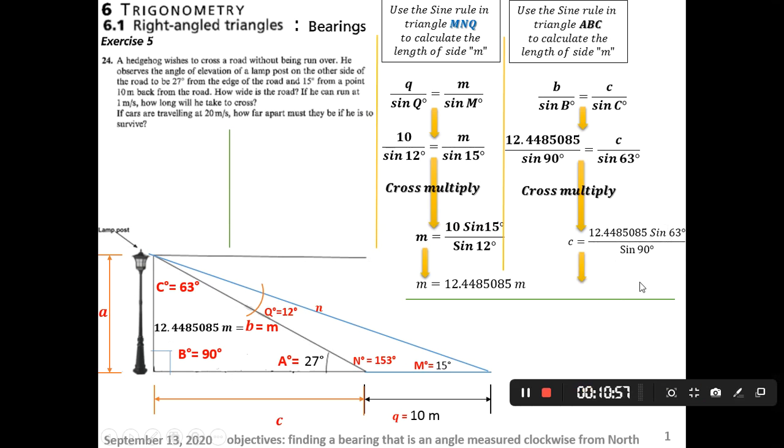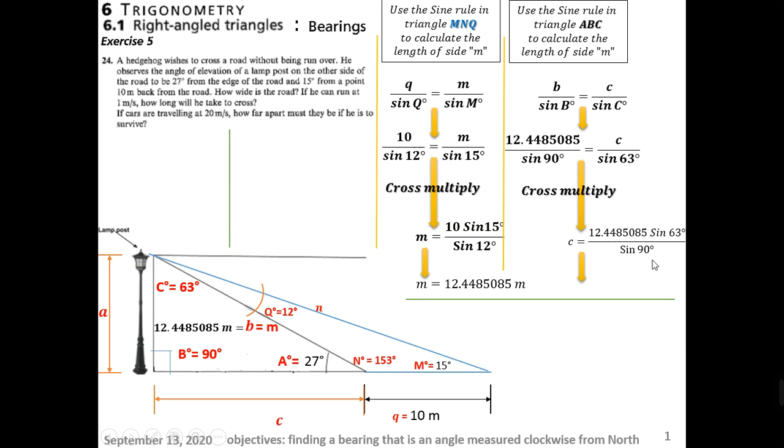Now, this left side is ready to be inserted in the calculator. So we're going to calculate side C, which is going to be 11.1. This is correct to 3 significant figures. The first one on your left is your first figure.